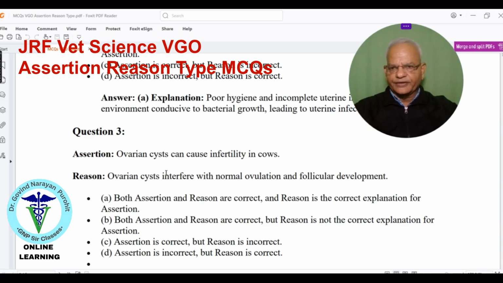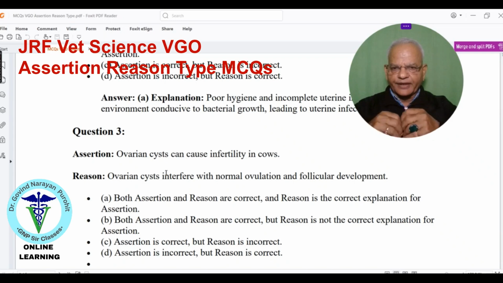So, as you know, ovarian cysts are a very big cause of infertility in cattle, and ovarian cysts interfere not only with normal ovulation, but when they persist for pretty long periods, they cause pathologies in the uterus.